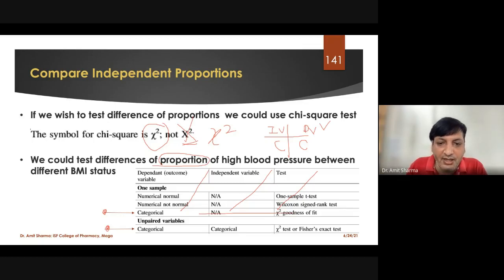Clear? And if you have an independent variable categorical, dependent variable also categorical, then also you are going for a test called chi-square. So in common you can say that whenever you have a categorical variable to evaluate, either only one dependent categorical variable or both independent categorical as well as dependent categorical, you can choose the chi-square test.